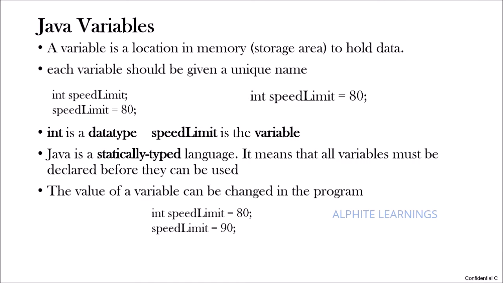So we have Java variables. What is a Java variable? A variable is nothing but a memory location that we use to hold data. Obviously, if you are writing a program, you are going to deal with data. Either you are going to store it, or you are going to do some operation on it.